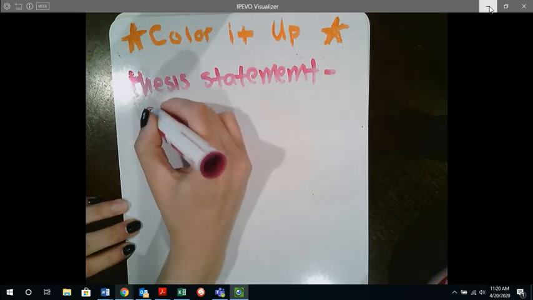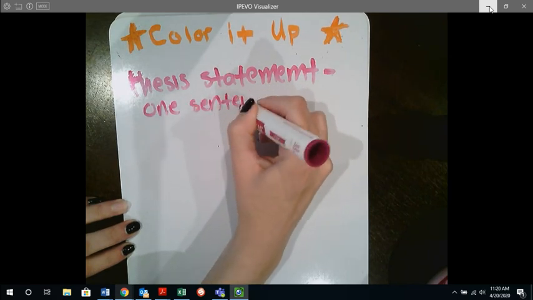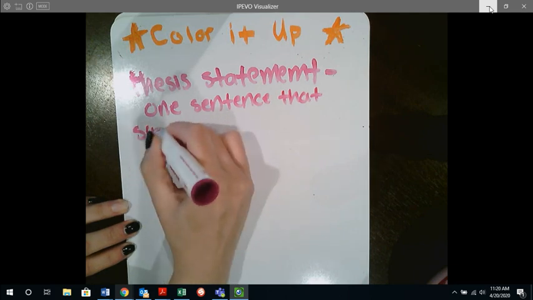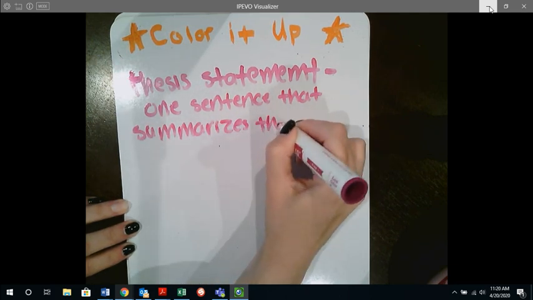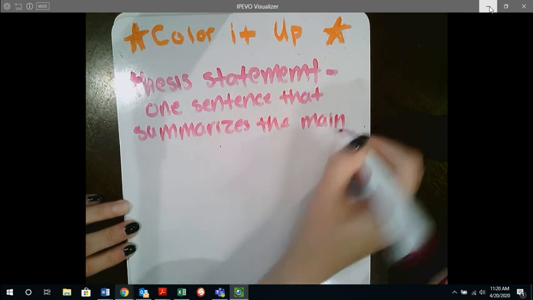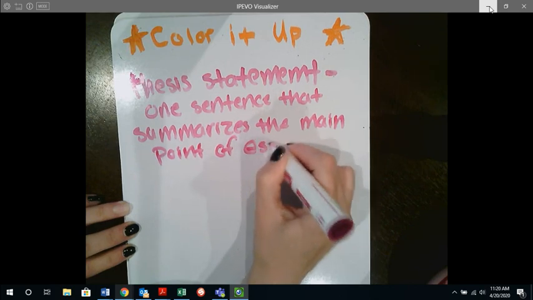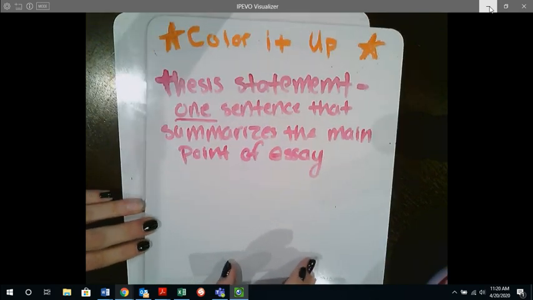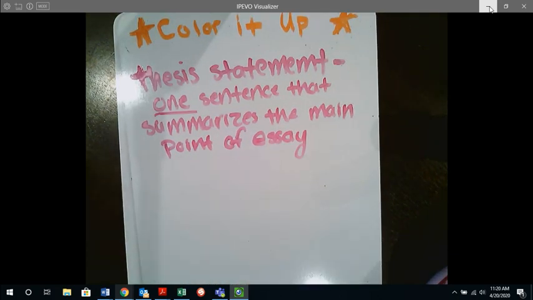We know that a thesis statement, we've talked about it so many times, is one sentence that summarizes the main point of your essay. One sentence that summarizes the main point of your essay, a thesis statement. A lot of you guys probably already remember that, but just in case you didn't.